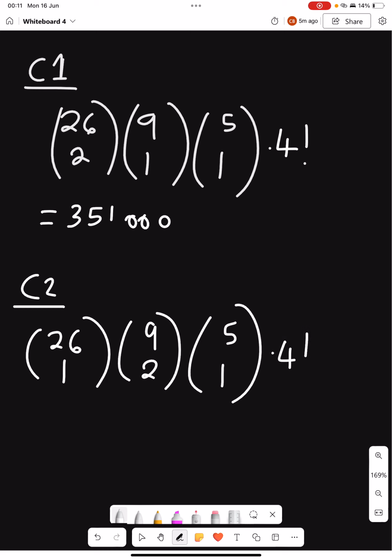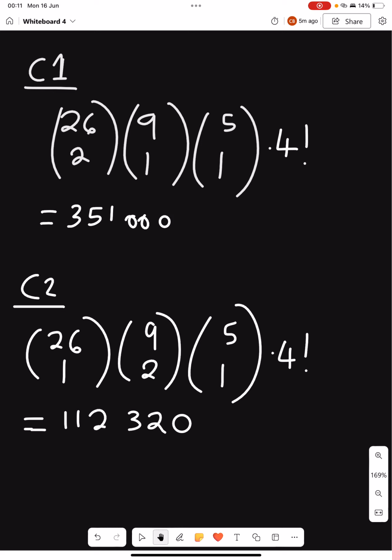So after selecting them, we need to permute them. And that is going to give us, on a calculator, 112320.